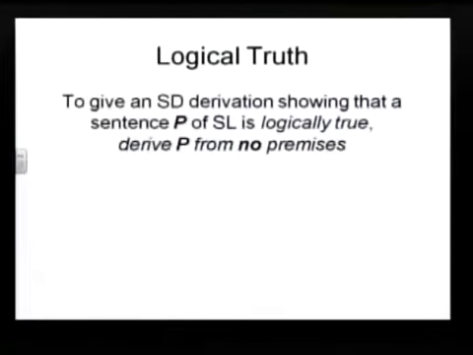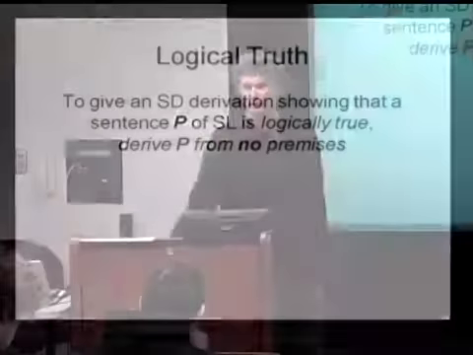For logical truth, to give an SD derivation showing that a sentence in sentence logic is logically true, we've used an example of this before. What you do is you derive P from no premises at all.